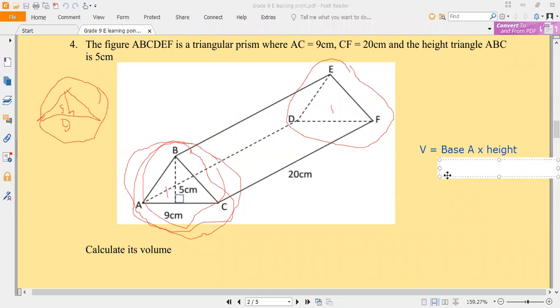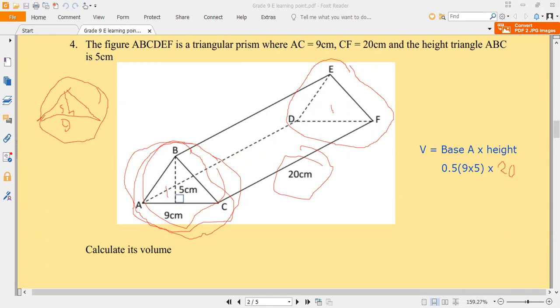The area of a triangle is 1/2 base times height. So allow me to say the height is 20.